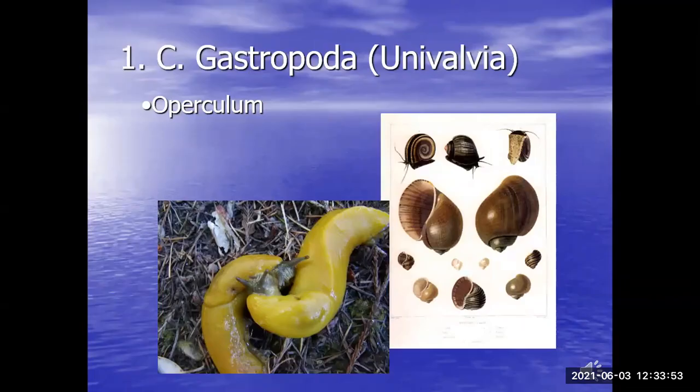Same thing with torsion. The bottom side of the snail is growing faster than the top, so it starts to curl up, and it keeps doing that during development, and that's why you get this curly thing, because of unequal growth during development. That's what causes these spirals in a snail.